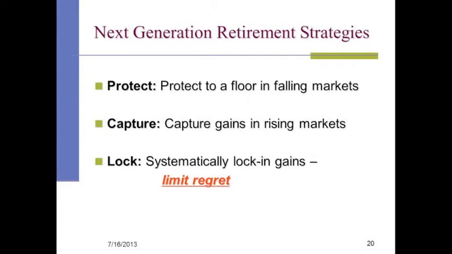And we're going to look at three things, really. It's going to have to protect, it's going to have to capture gains in rising markets, and it's going to have a systematic lock-in along the way in order to limit the regret that can occur if you end up below where your best point was. And so these are the characteristics we're going to look at.